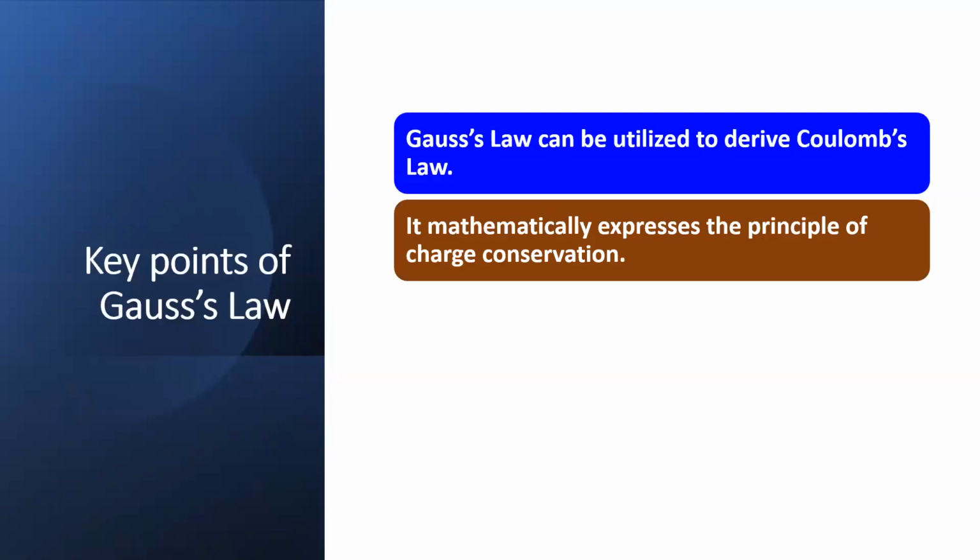It is interesting that it mathematically expresses the principle of charge conservation. If we look at Gauss's law for electric fields, it tells you that the total electric flux coming out of a closed surface is equal to the enclosed charge divided by the electric constant.